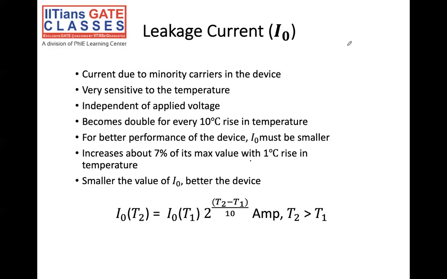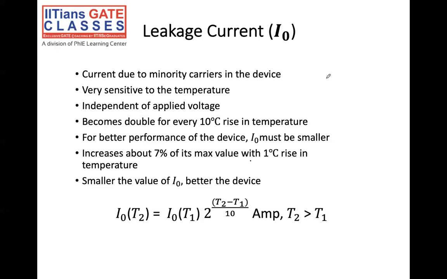Here I already mentioned that the smaller the value of I naught, the better the device is. So first of all, we should remember that in germanium it is in microampere, in silicon it is in nanoampere. So silicon is the better device as compared to germanium. And some other reasons are also there for choosing silicon over germanium. Based on this, we can say silicon is more suitable for high temperature applications because it has smaller leakage current.